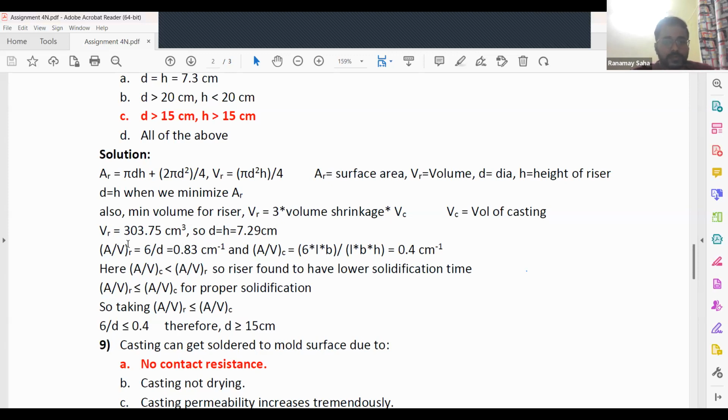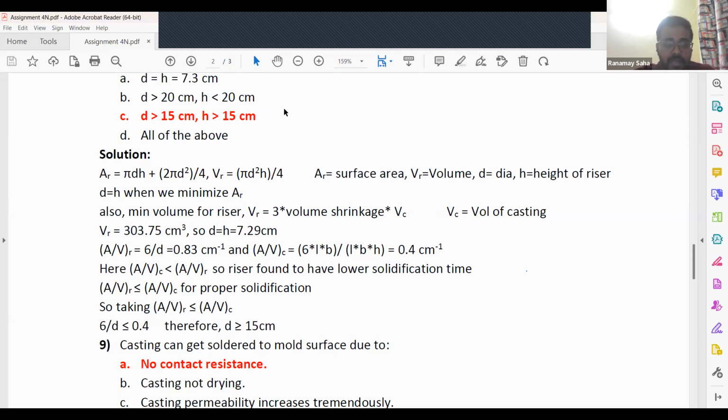Now you have to check the A by B, or cooling characteristics, of the riser, which comes out to be 6 by D, as 0.83 centimeter inverse, right? But you can check the A by B for the casting, which happens to be 0.4. So what is happening here? A by B for the riser is becoming more than that of the casting.